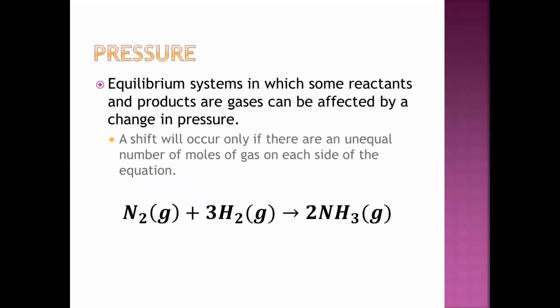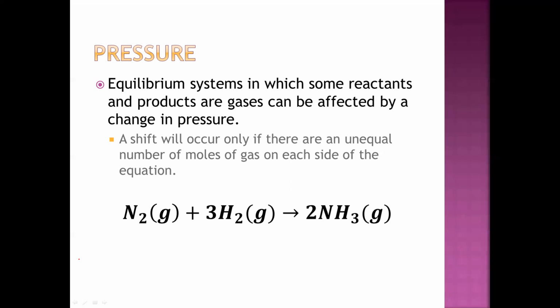The most difficult of all three changes is when you change the pressure. So when you change the pressure, you have to shift to make the pressure go back, okay?